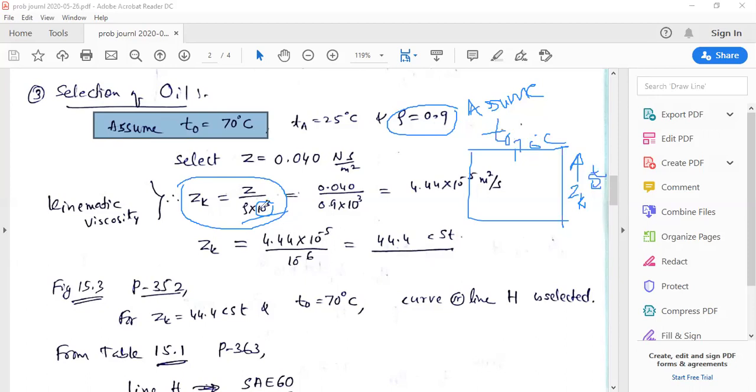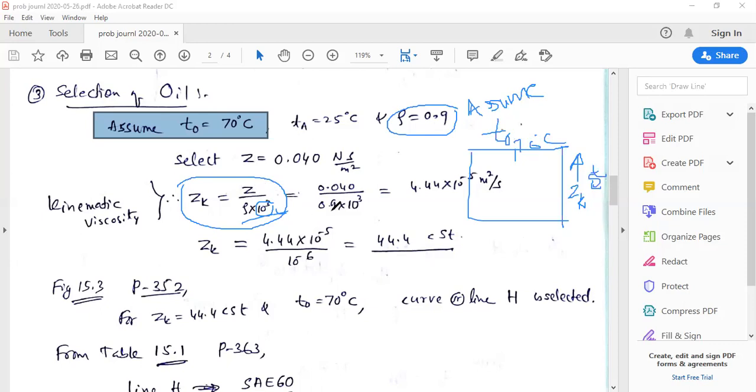So specific gravity of the liquid lubricant is equal to the mass density of the liquid lubricant divided by the mass density of the standard liquid, which is water. So 1000 is the multiplication factor, the mass density of water.